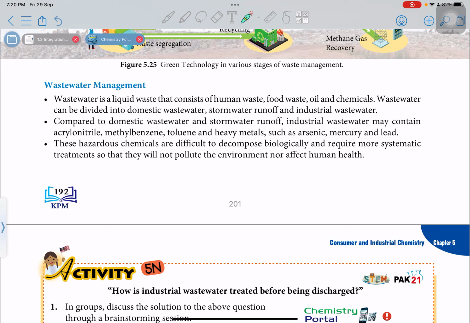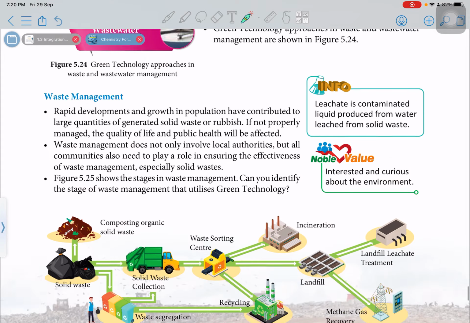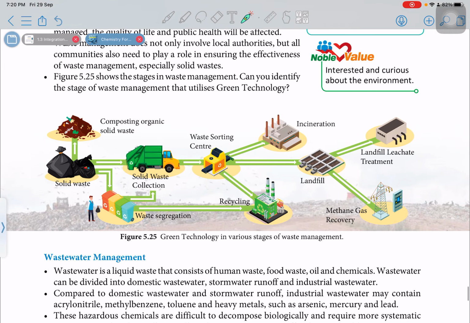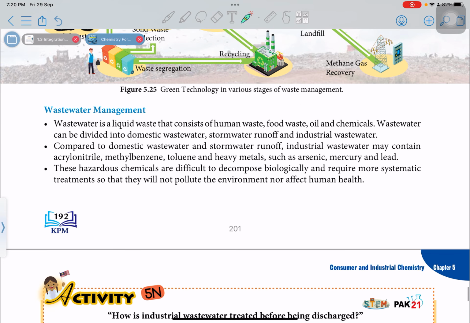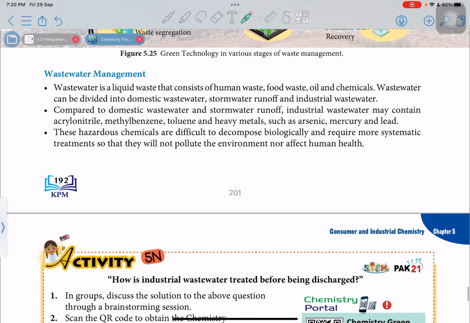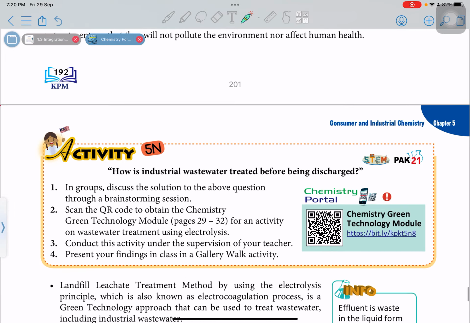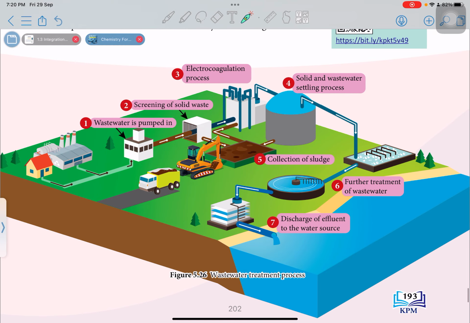And then we will look at the wastewater management. So kalau macam ni tadi adalah waste management. Atas ni waste management, sampah yang solid waste. And then bawah ni kita akan tengok pasal wastewater, pasal air pula, macam mana air tu diuruskan.